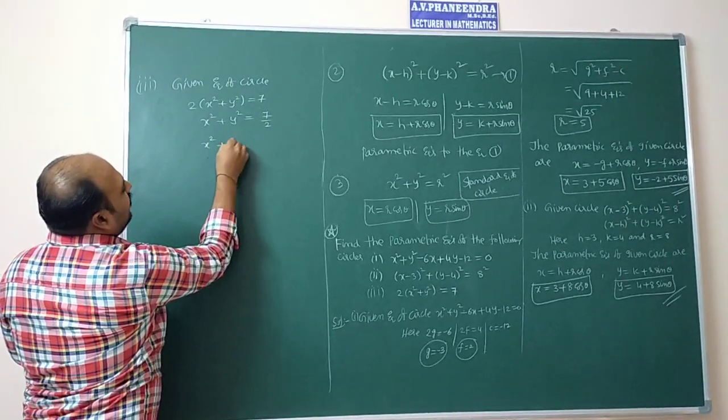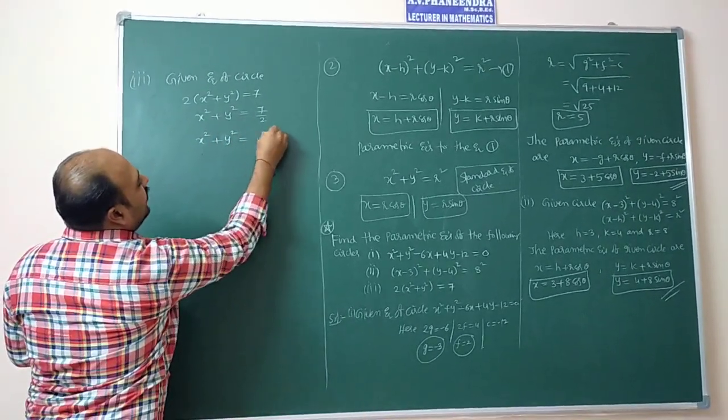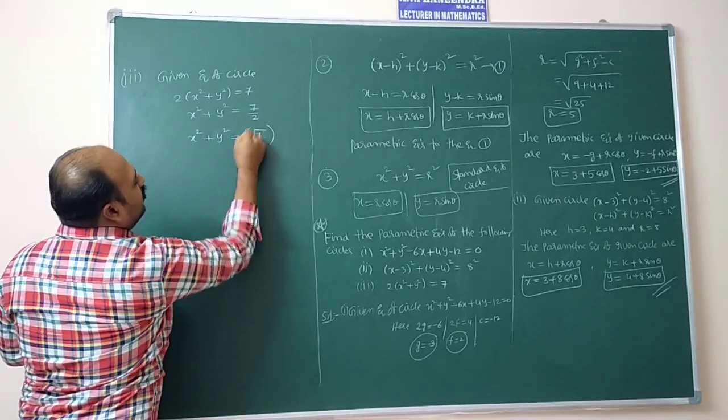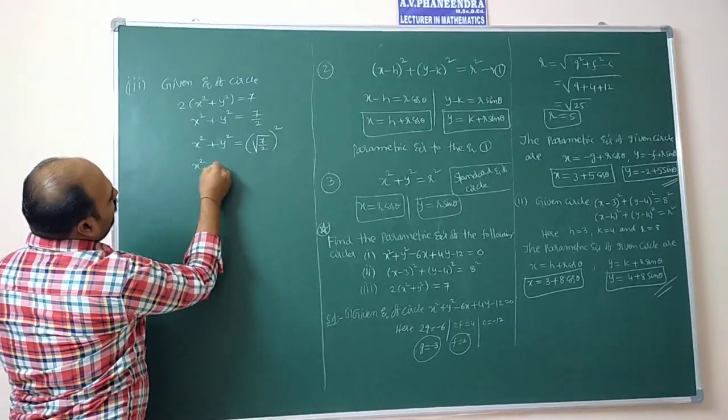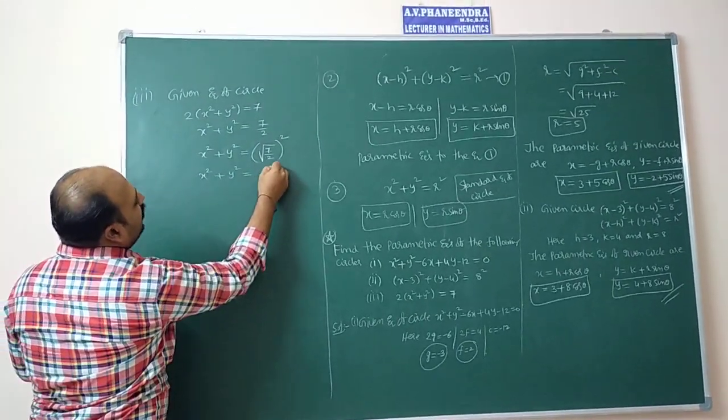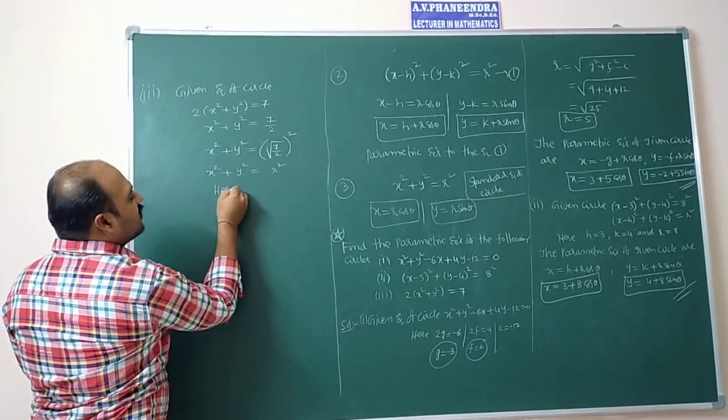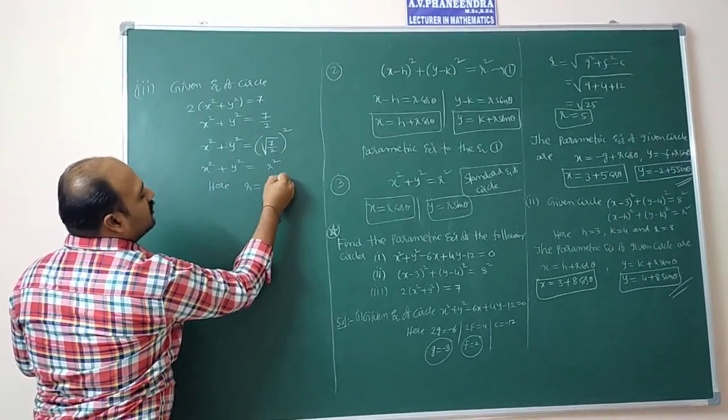x square plus y square, 7 by 2 can be written as root 7 by 2 whole square. This equation you have to compare with x square plus y square equal to r square. Here r is equal to root 7 by 2.